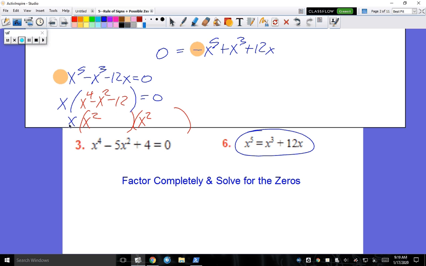What are the other numbers going to be? Not 6 and 2, 4 and 3. Because it'll make this negative 1 happen. Can I factor more? I can. A difference of squares I can factor more. To what? X plus 2, x minus 2.